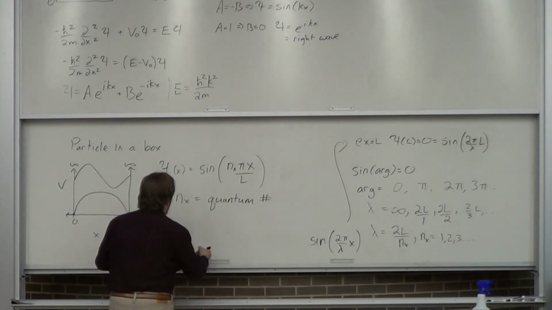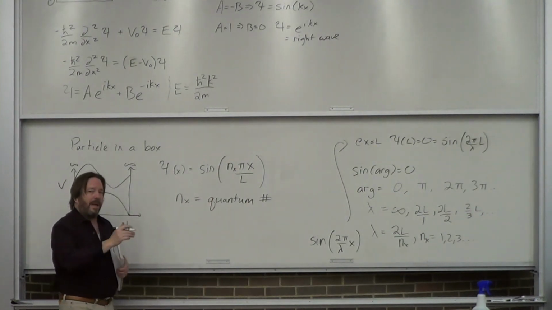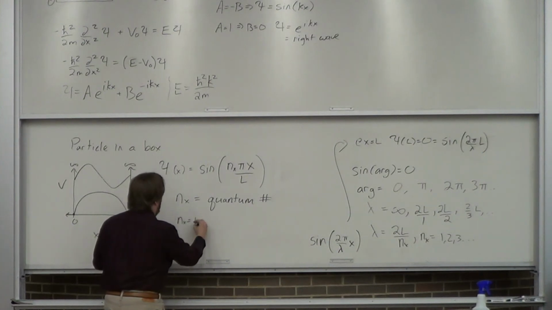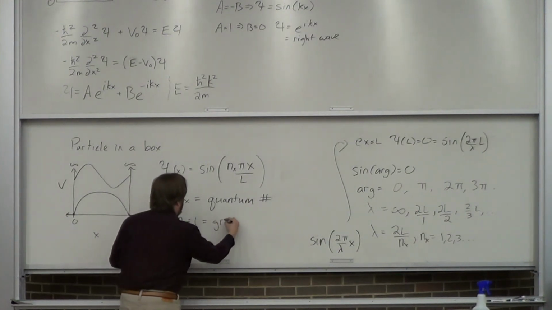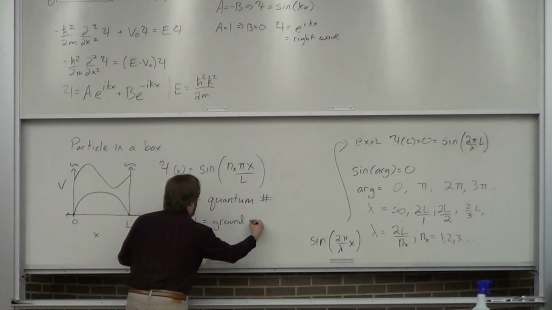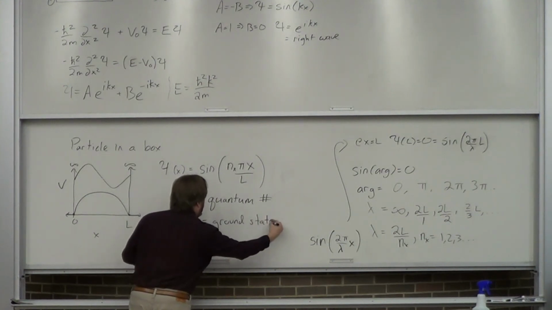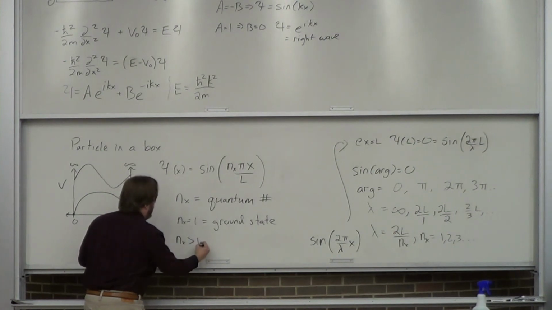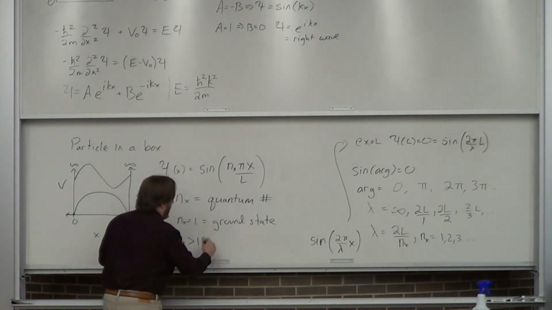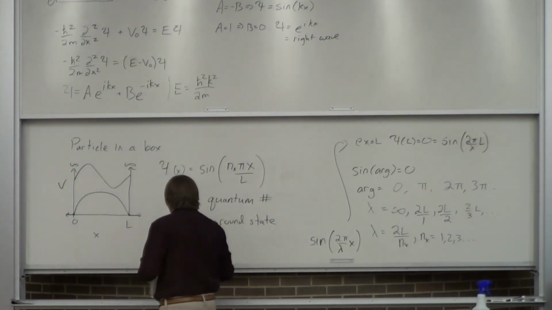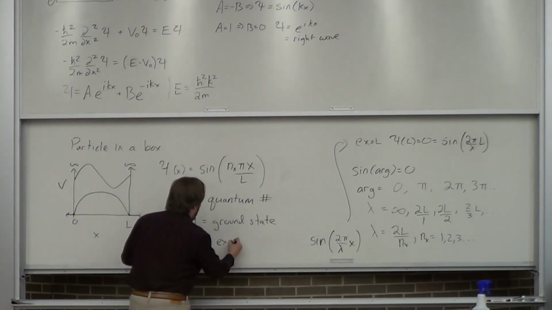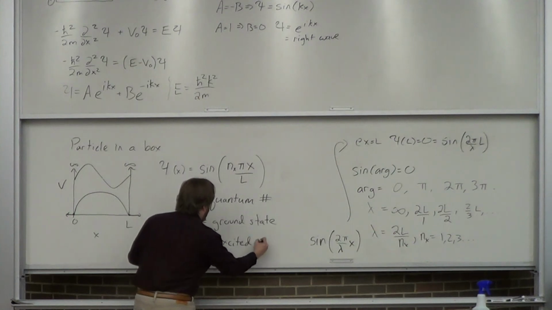So in the particle in the box, which is kind of like a bad model for an atom, nx equals 1 is the ground state, and let's say you were to do some kind of spectroscopy and absorb light, it would go to nx equals 2, 3, 4, and those are excited states.